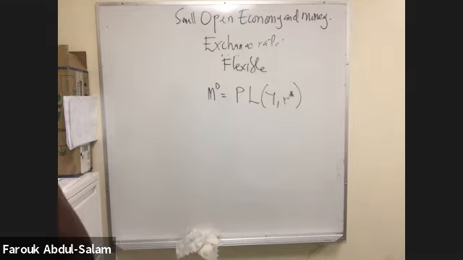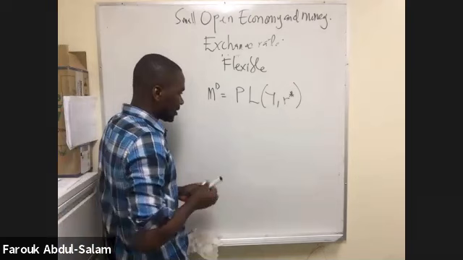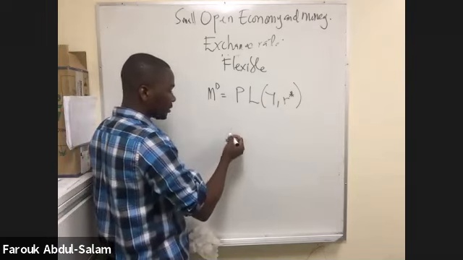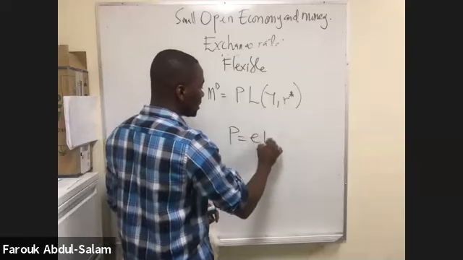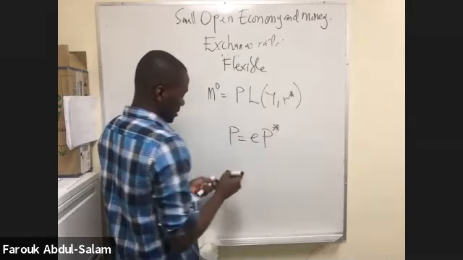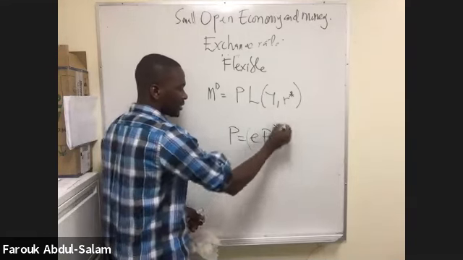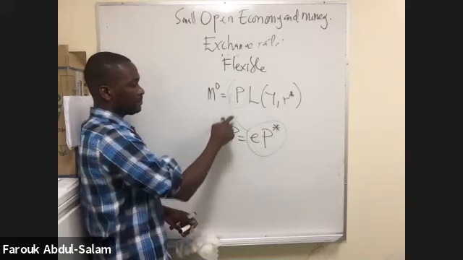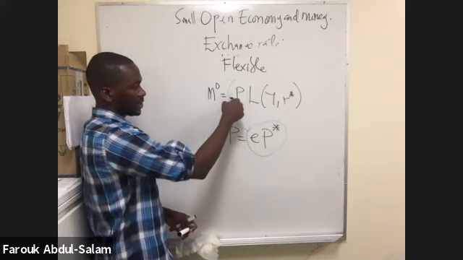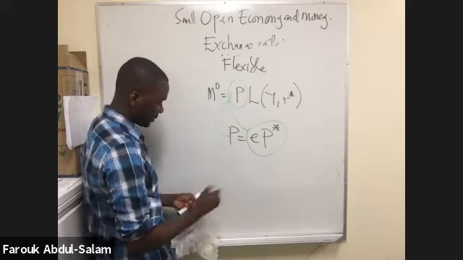Now that we have the additional equation here, which is the law of one price, which basically says that P equals E, P star, then I think it's safe to say that we can now transfer this guy back to this guy. Remember, P is the same as P, so we can now transfer this guy back here. So this equation now becomes money demand.